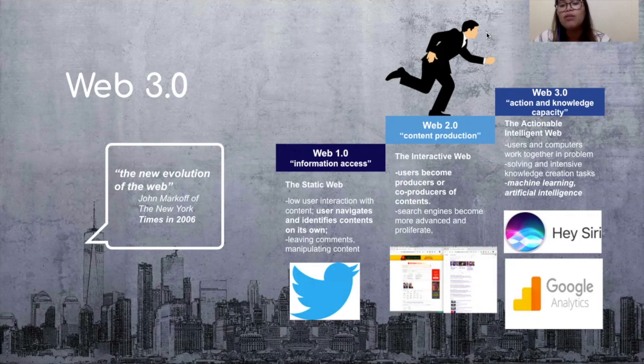The static web prioritizes the democratization of information access, whereby there is low user interaction with content and the user navigates and identifies contents on their own. While Web 2.0 is content production, where users become either the producers or the co-producers of the content.